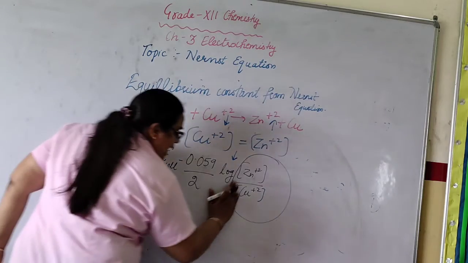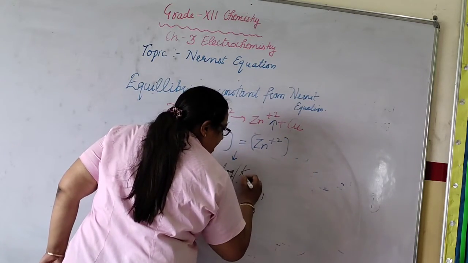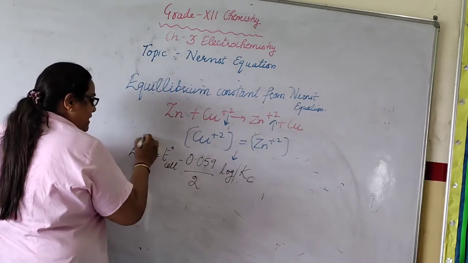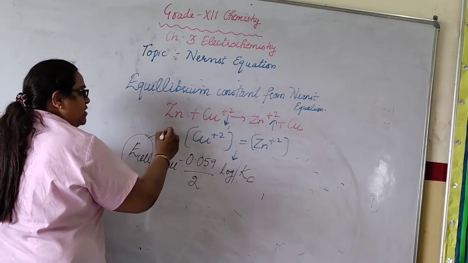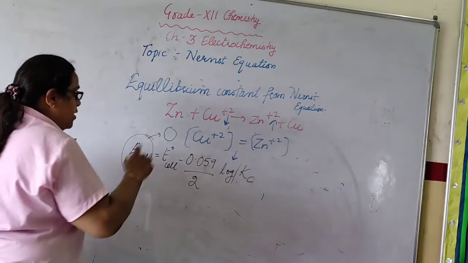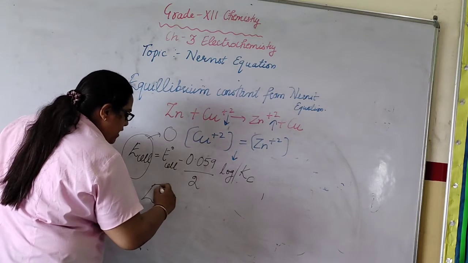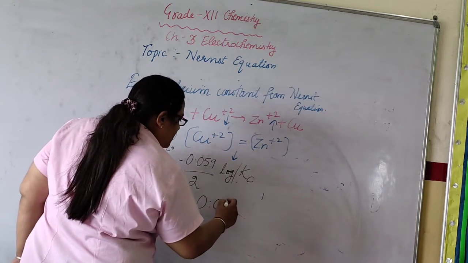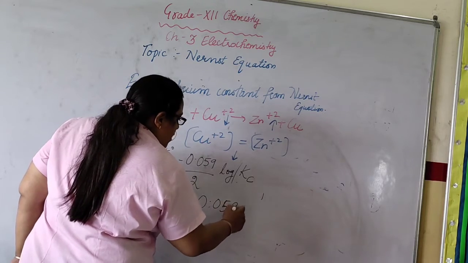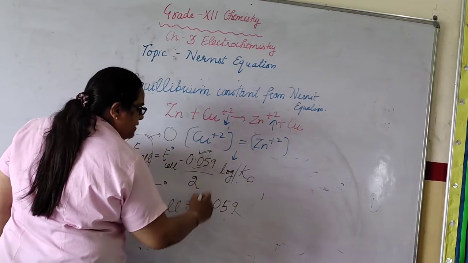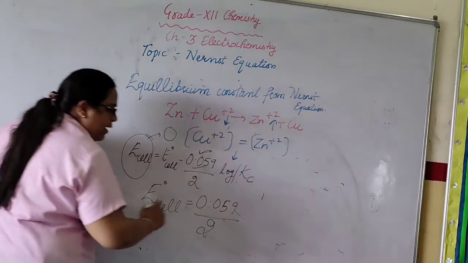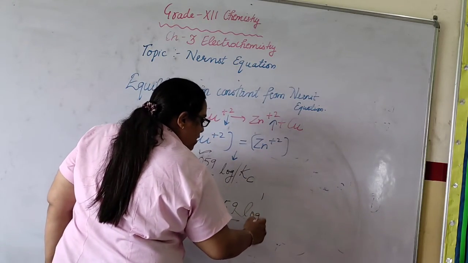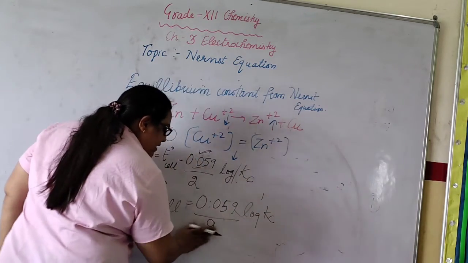So I can write Kc here, and E cell is 0 because the reaction is at equilibrium. So E naught of cell is equal to 0.059 over 2 log Kc. Remember, this is at 298 Kelvin. I will write n in place of 2.